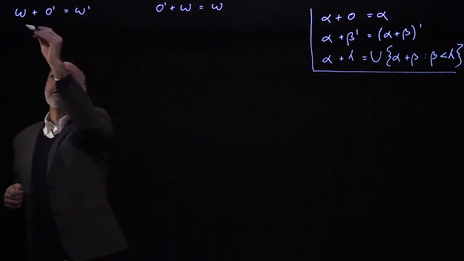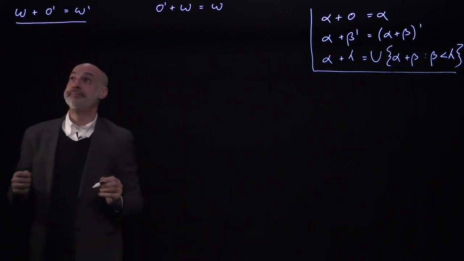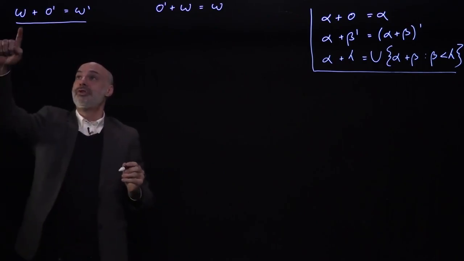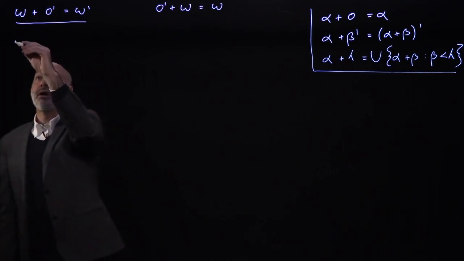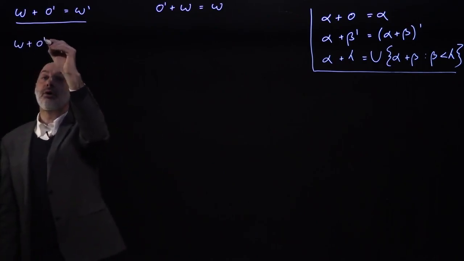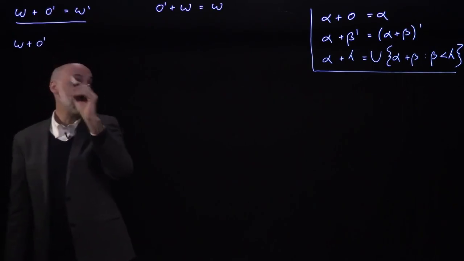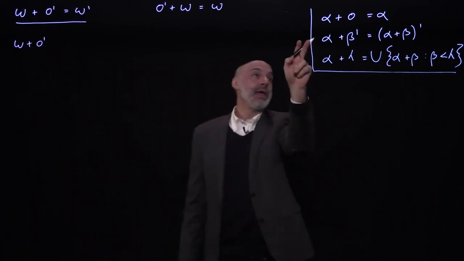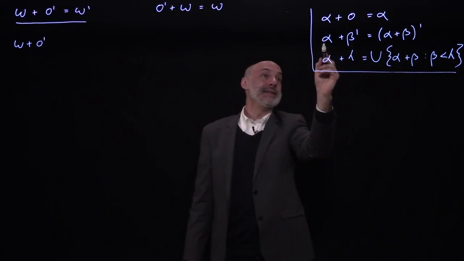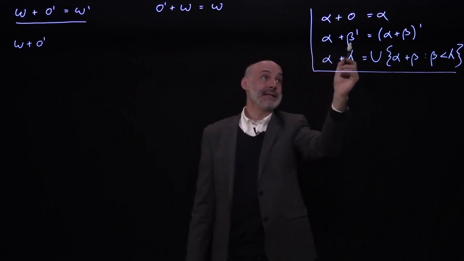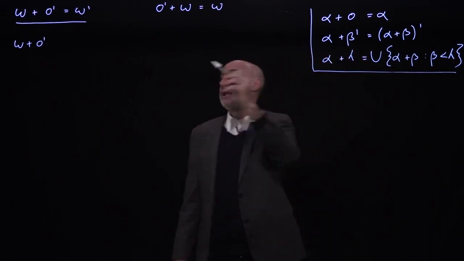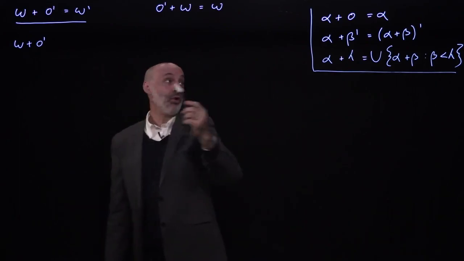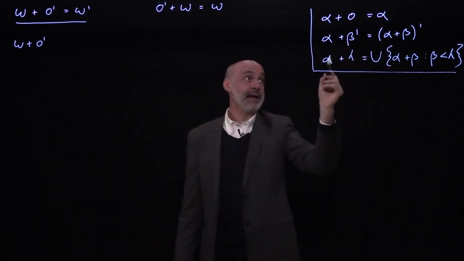So let's start with this one here. Omega plus 0 prime is a special case of our second identity, because omega prime is a successor ordinal, so it takes the place of beta.